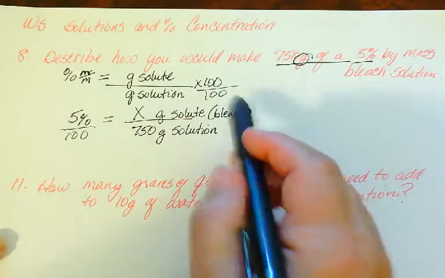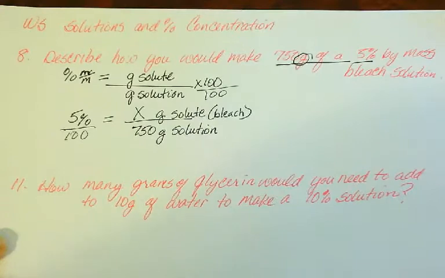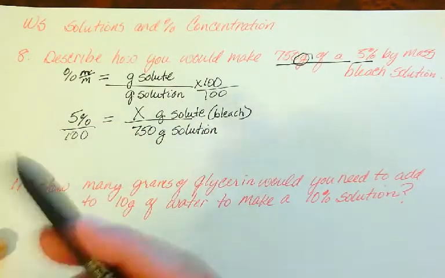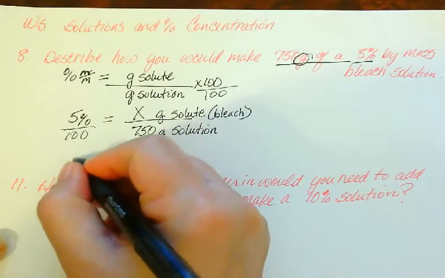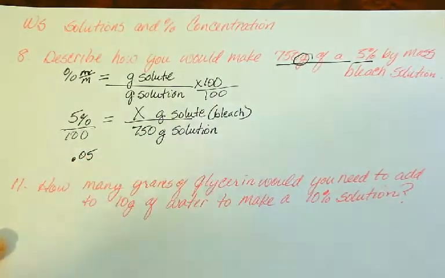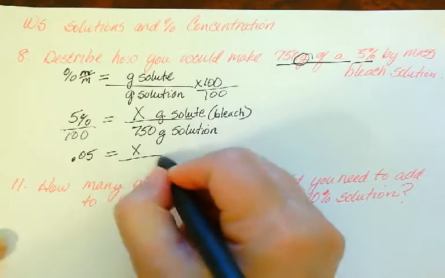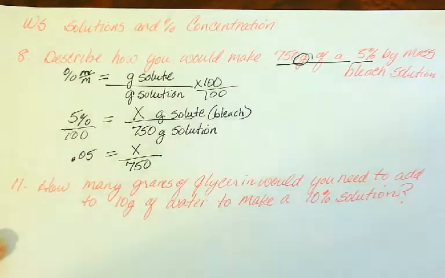You could really skip this step if you just turn the percent back into a standard notation number, which means dividing by 100. So 5% is the standard decimal number 0.05, and that's equal to my X amount over 750.